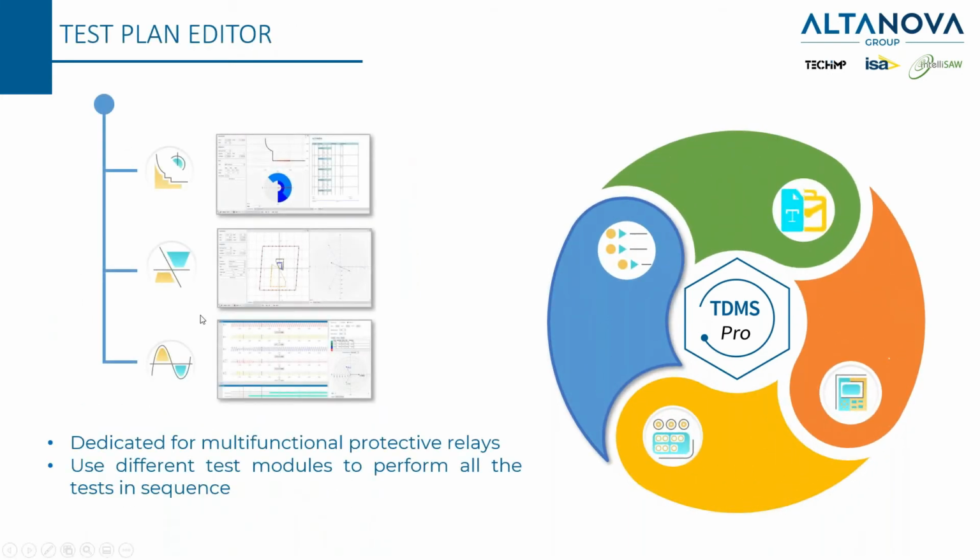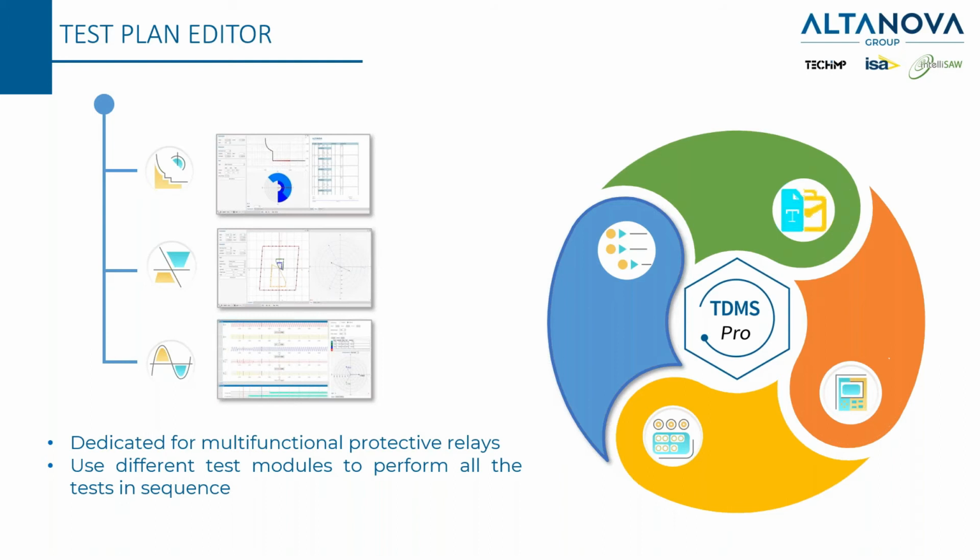The test plan editor gives the possibility to create a sequence of tests by recalling every software module dedicated to a specific protection function. This is specifically designed for multifunction relays. The relay can be complex, can have inside 2 or 3 different protection functions.